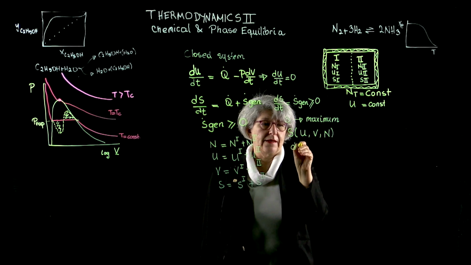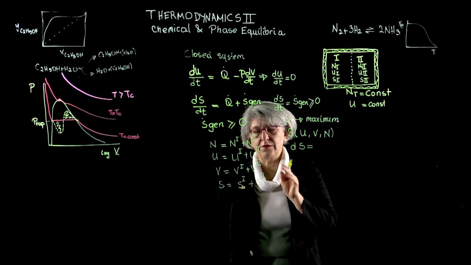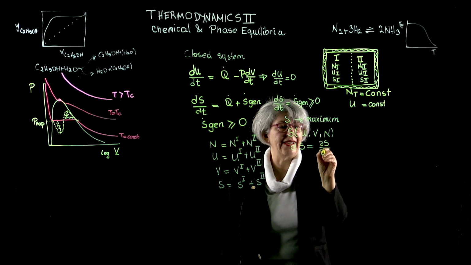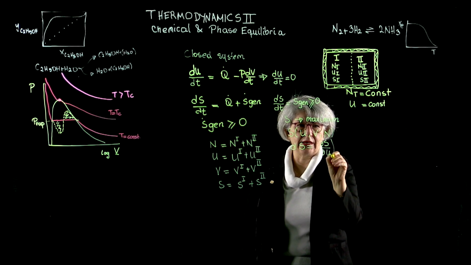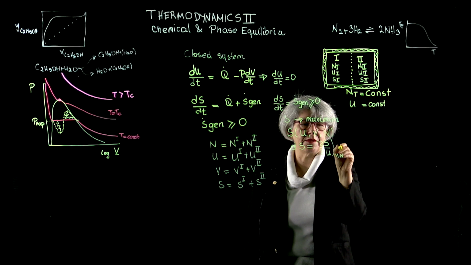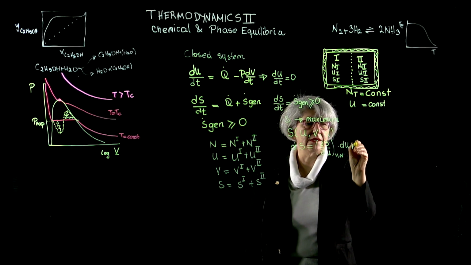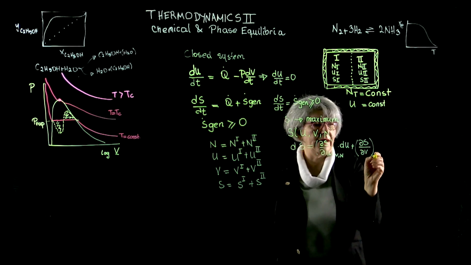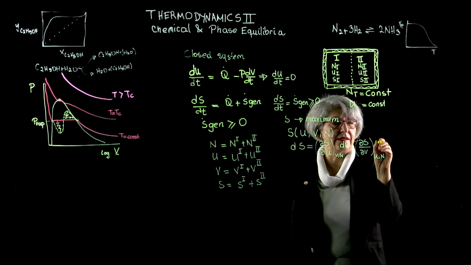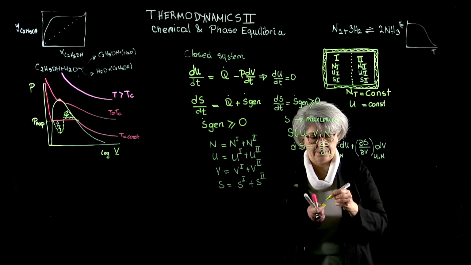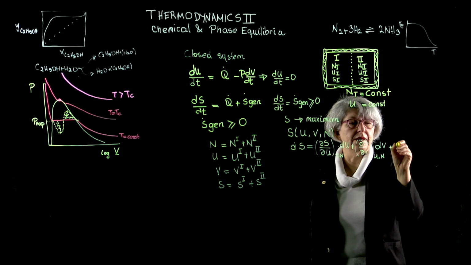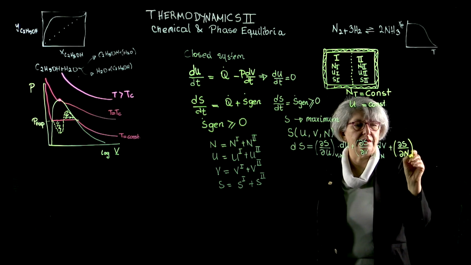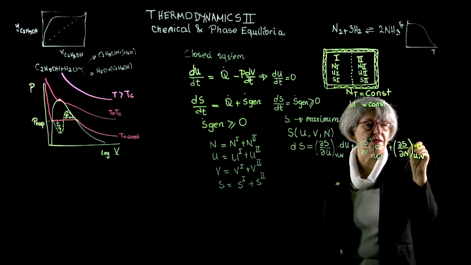From what we learned in thermodynamics 1, ds is equal to del S over del U at constant V and N times dU, plus del S over del V at constant U and N times dV, plus del S over del N at constant U and V times dN.